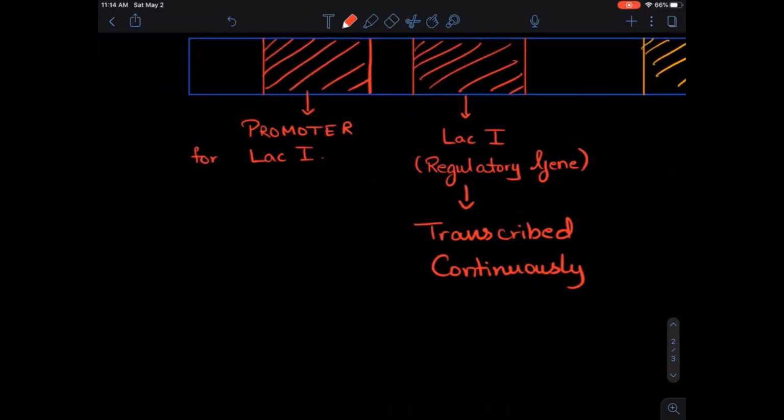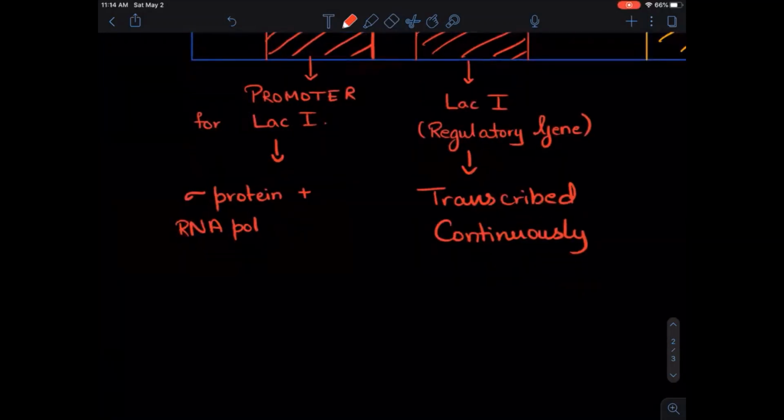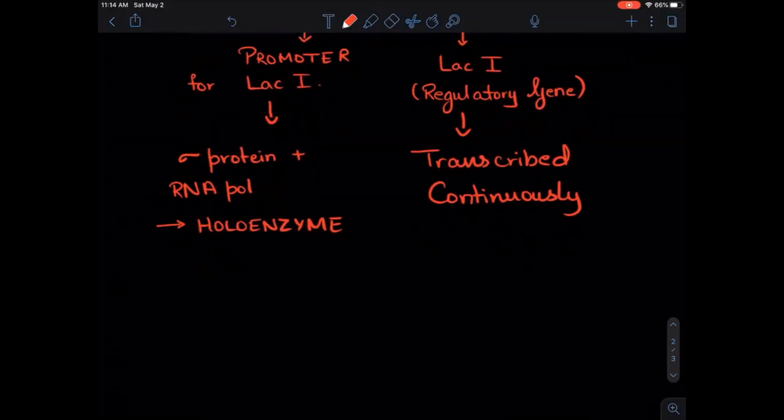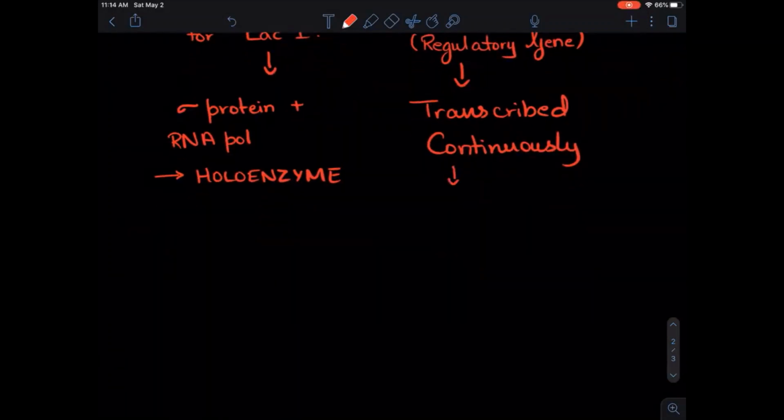The promoter is a place where the sigma protein, which initiates transcription, and RNA polymerase bind. Prokaryotes have only one type of RNA polymerase, eukaryotes have three. And when both of these bind, they form a holoenzyme, which enables transcription.